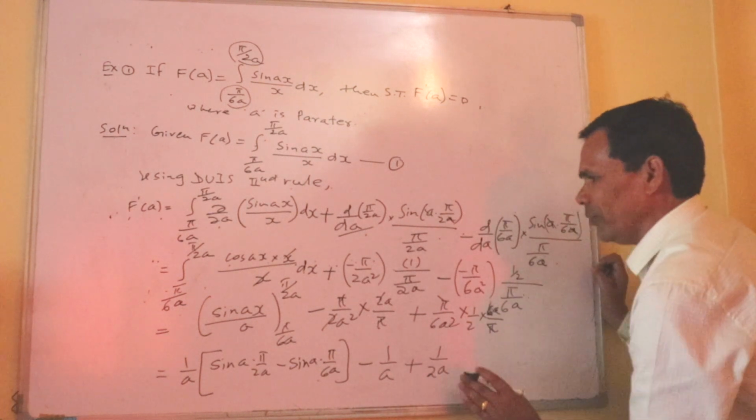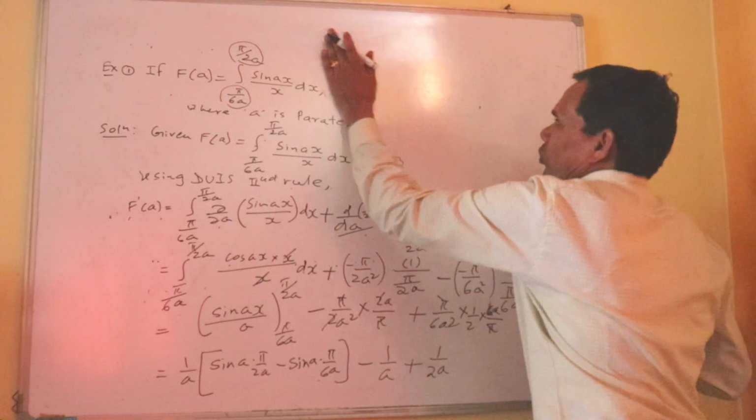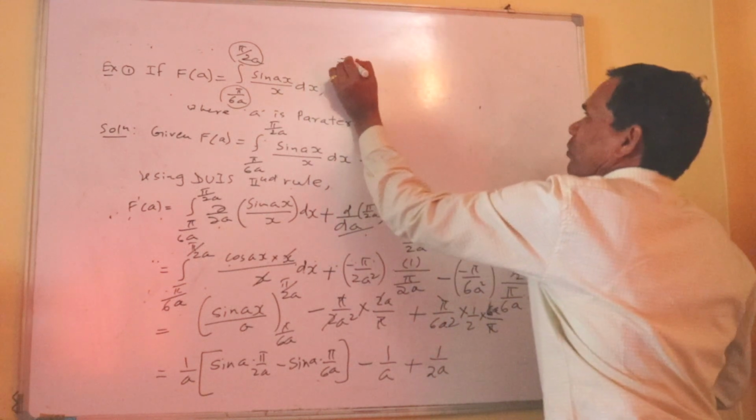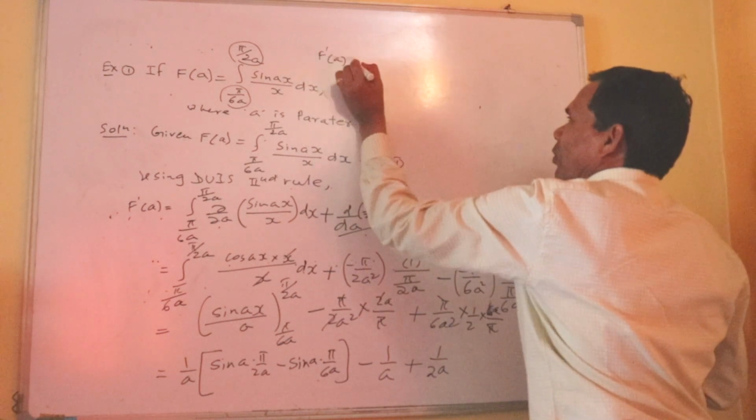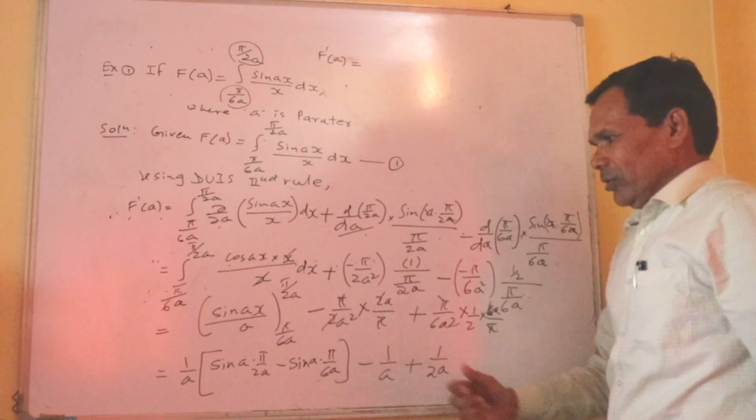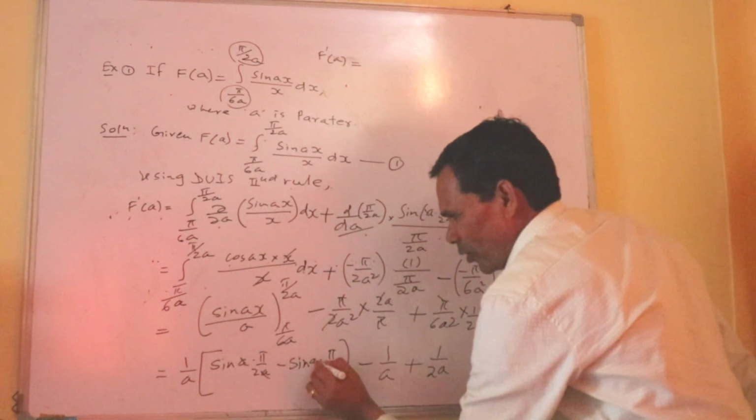Now we simplify this further. So f dash a is equal to, now this a also gets cancelled from here.